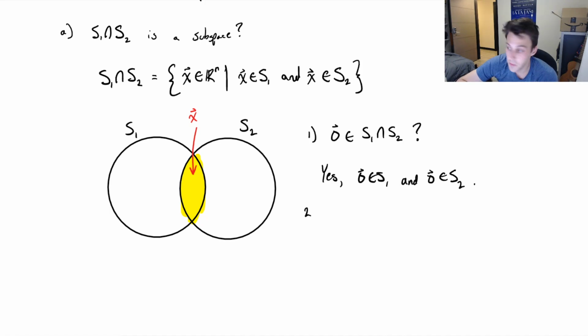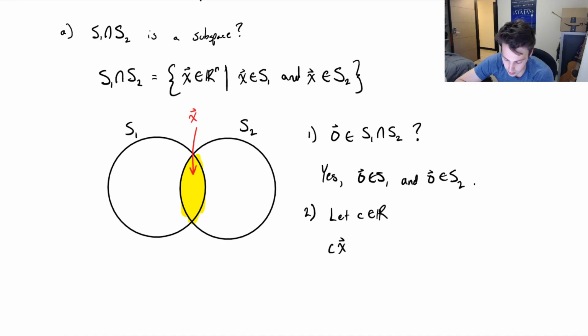Number two. We know that it must be closed under scalar multiplication for it to be a subspace. So let's let C be a constant, any constant that we want. We want to see if C times our vector x, a scalar times a vector x which is in the intersection, is in the intersection.